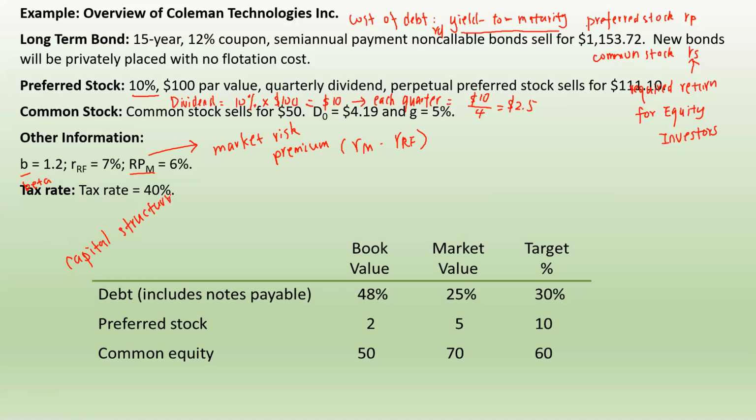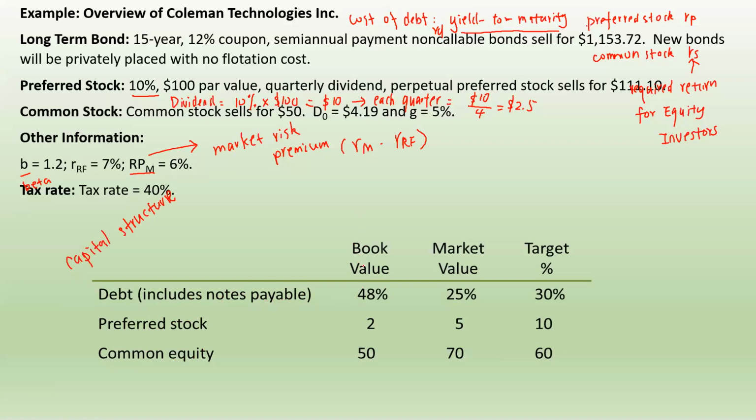What is capital structure? Remember when we calculated the weighted average expected return, it has weights, like what percentage of capital you invest in a single stock. Here, the capital structure is the same thing. So basically, what's the percentage of capital from debt, what's the percentage from preferred stock, and what's the percentage from common equity? There are three types of capital structure.